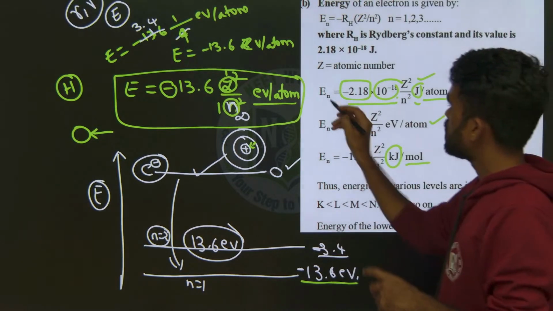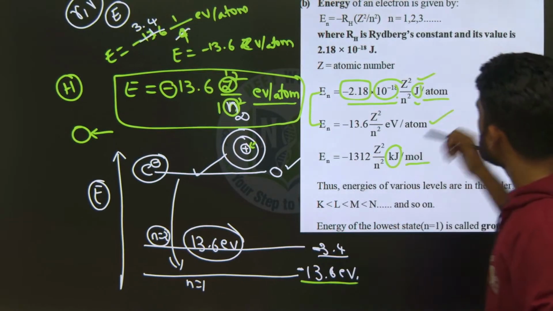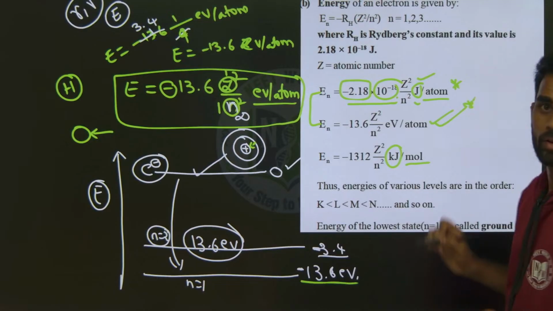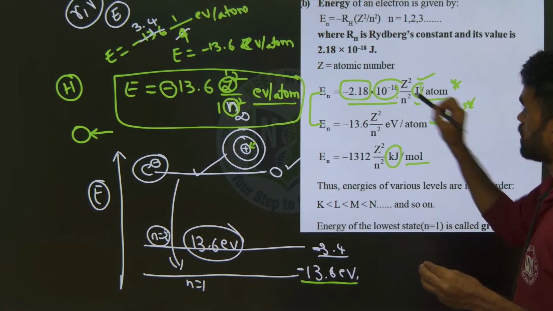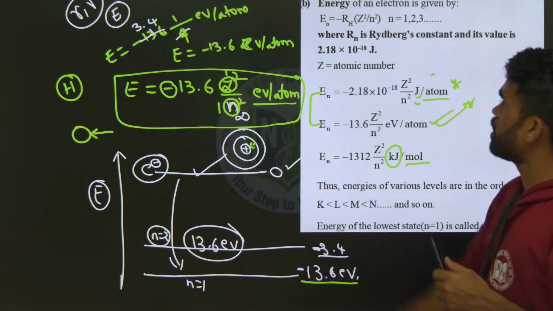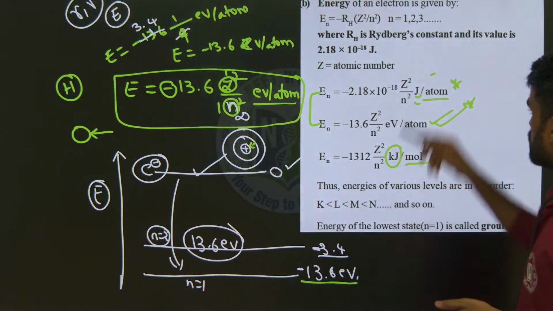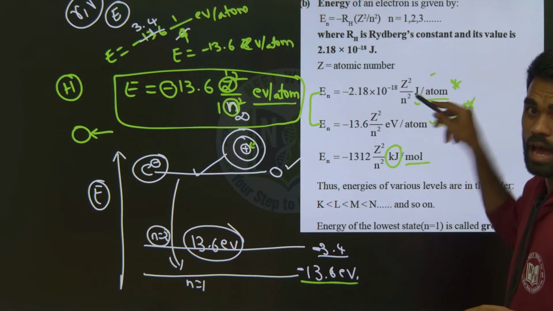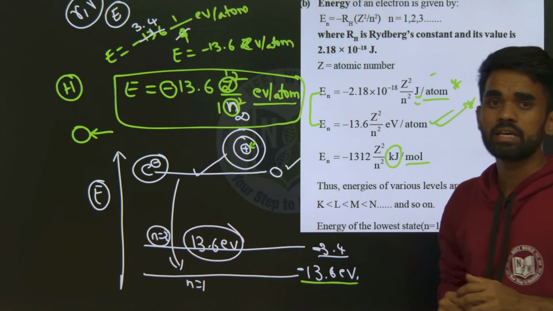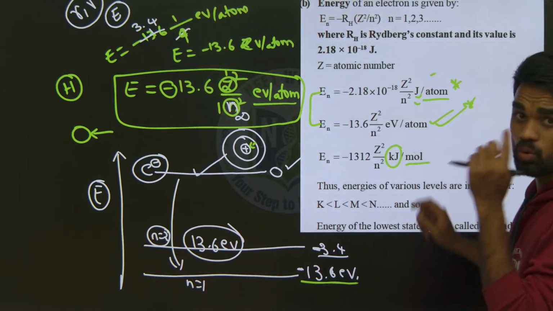And in the exam, most seen questions are on this joule per atom, electron volt per atom. So you should focus on this. First formula is minus 2.18 into 10 power minus 18 Z square by n square joule per atom. And one more is minus 13.6 Z square by n square electron volt per atom.